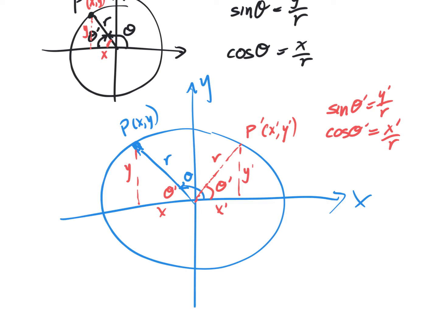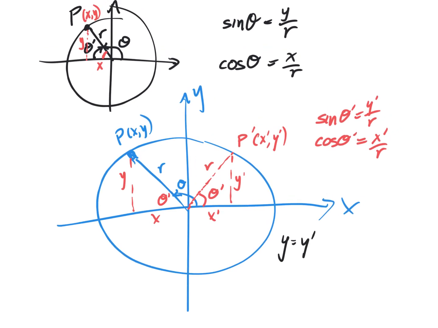So y and y prime should be equal because they line up right here. And so since we have that y equals y prime, and for our values for sine, then we get that sine of theta equals sine of theta prime.